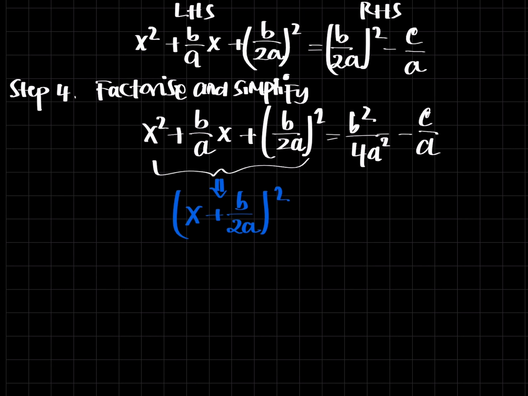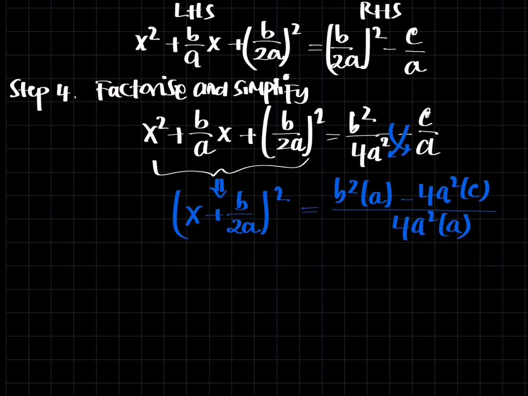Now on the right hand side, I have to solve this algebra by doing cross multiplication. So b squared times a minus 4a squared times c, over 4a squared times a. And then let's do it one by one.